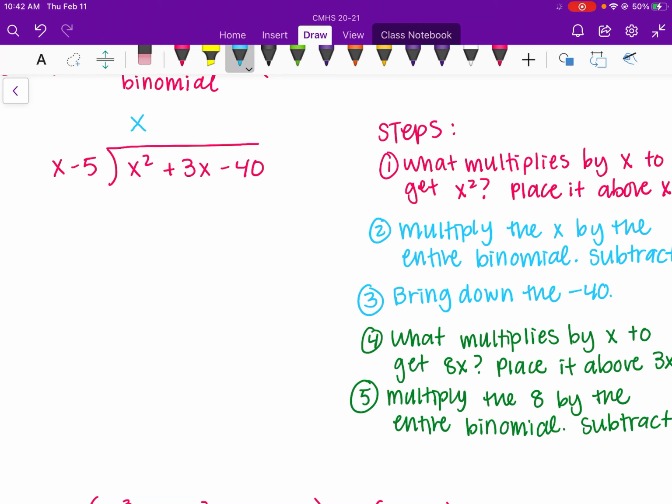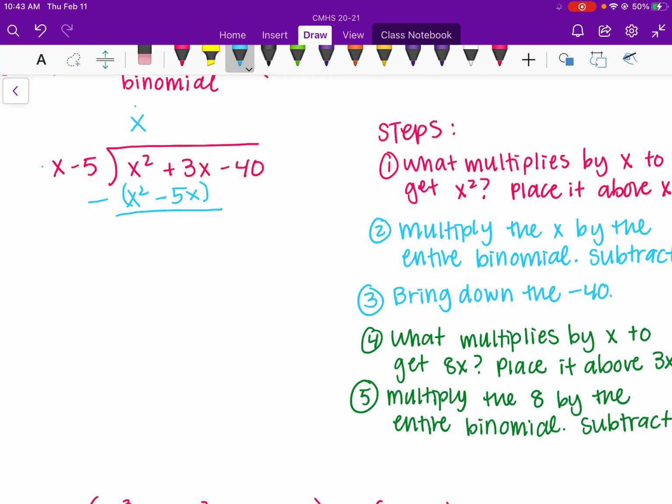Step 2 says multiply the x by the entire binomial on the left and then subtract. So this x times that x is x squared. The top x times the negative 5 is negative 5x. I'm going to put those in parentheses.